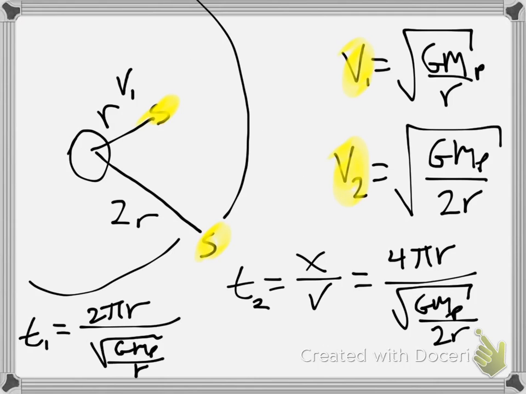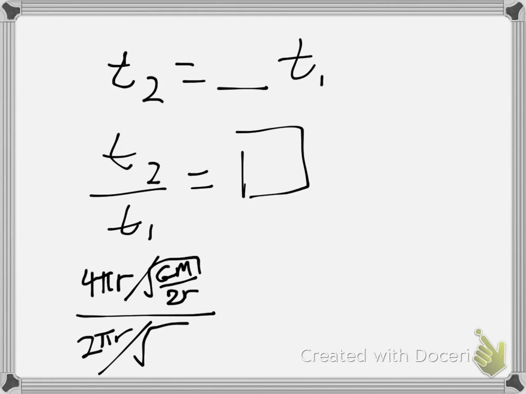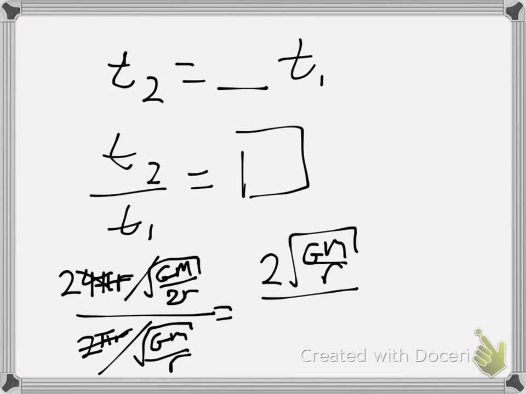So T2, again, is 4 pi r divided by the square root of big G m over 2r. And that's going to be divided by 2 pi r over the square root of big G m over r. I just divided the times. So then the pi r's go away, the 2 pi r's go away, that just becomes 2. And then when I invert those, that becomes 2 big G m over r divided by big G m over 2r.